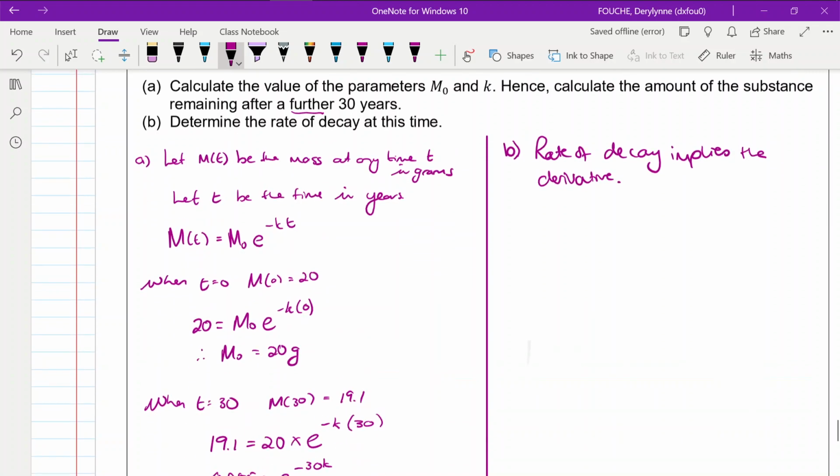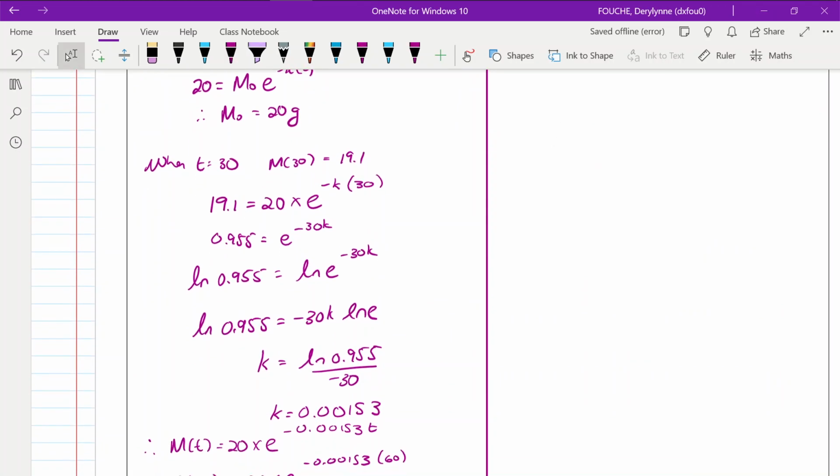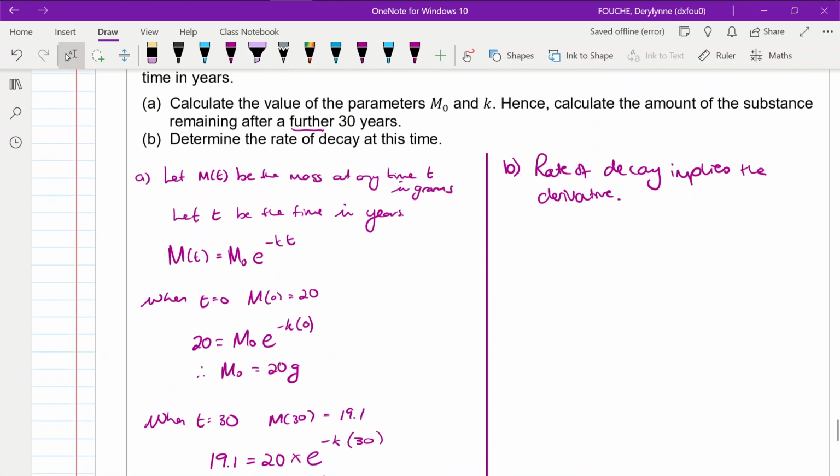Alright, let's just get our equation. So m(t) is going to be 20 times e^(-0.00153t). And I can see I have a chain rule over here.